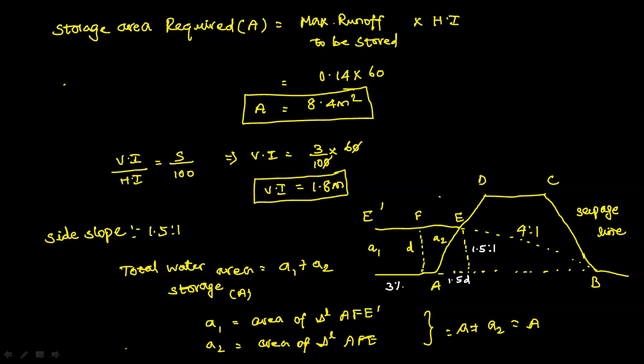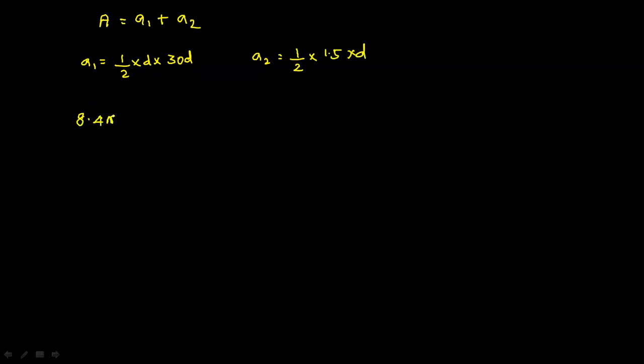Then we have to substitute this. Coming to the next slide, A is equal to A1 plus A2, where A1 is equal to half into D into 30D. As usual, A2 is equal to half into 1.5D into D. So 8.4 meter square is the storage area we found already.